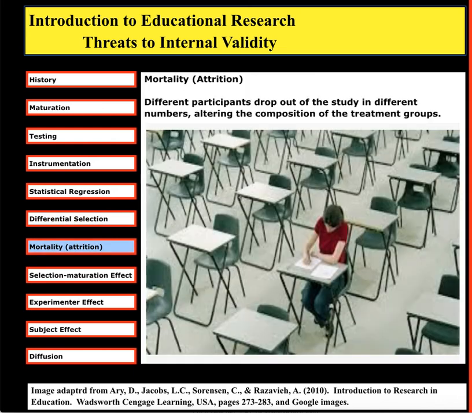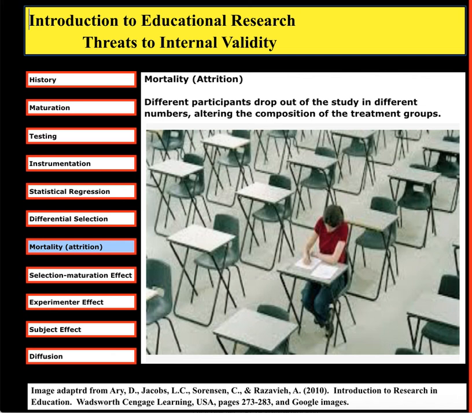Now let's take a look at mortality or attrition. The experimental mortality or attrition threat occurs when there is differential loss of participants from the comparison groups. In other words, let's say you have a control and experimental group, and students drop out of the study in different numbers. And then that alters the composition of the treatment groups.